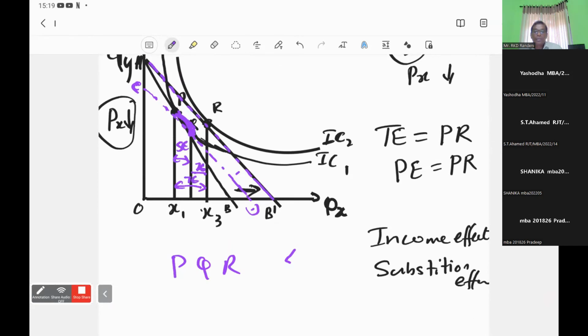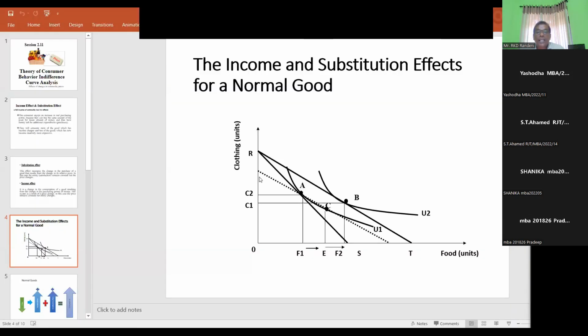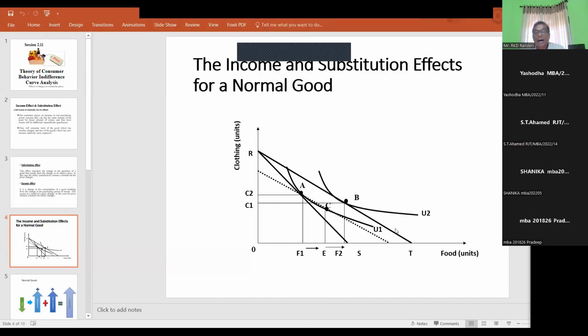Now better to go to the next graph. Right. Now here you can see that the dotted line is not parallel. Actually this should be parallel to the RT line. RT is the new budget line.